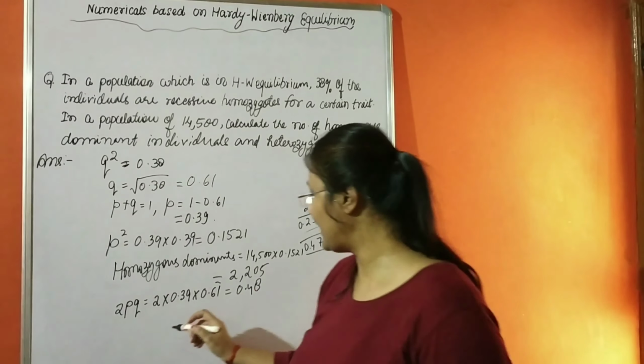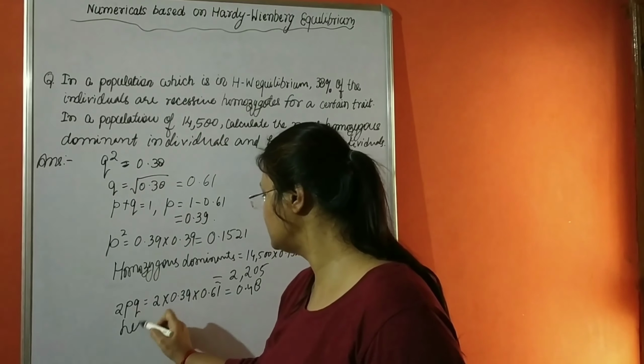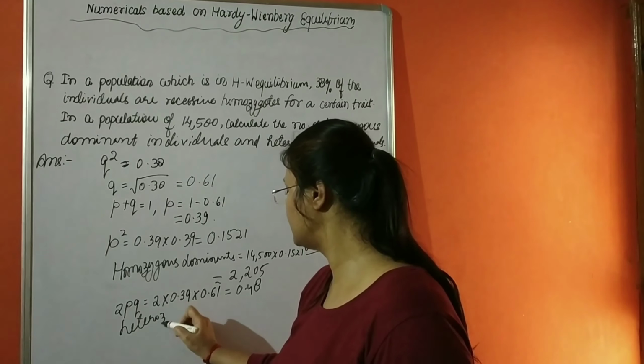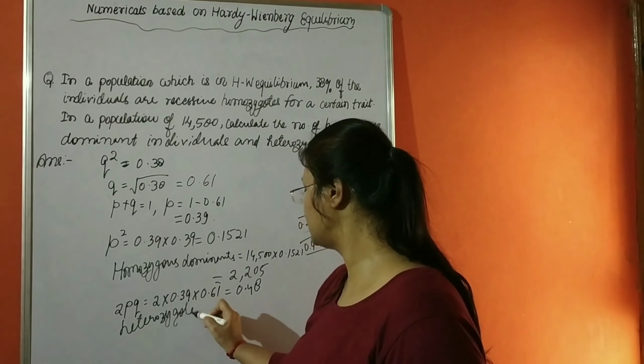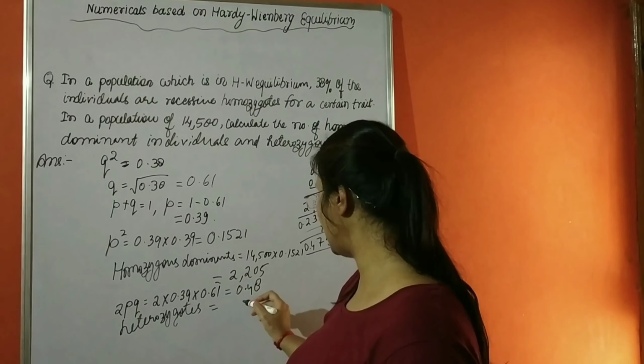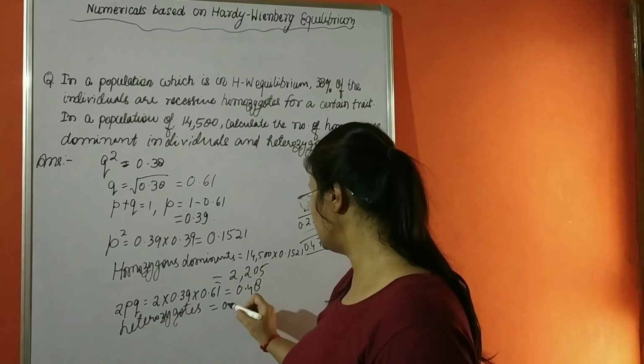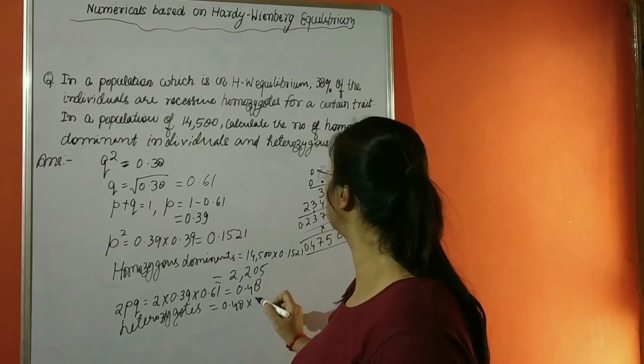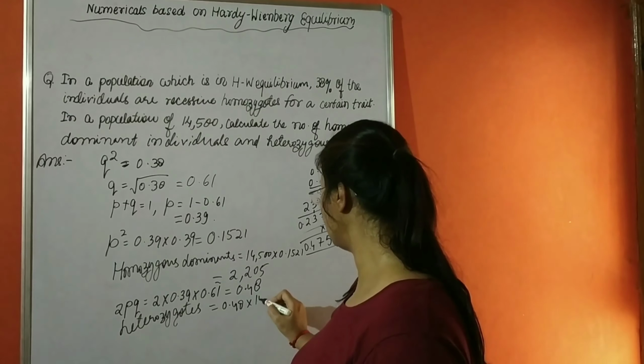So now we will find out their number also. Heterozygotes are basically 0.48 into 14,500.